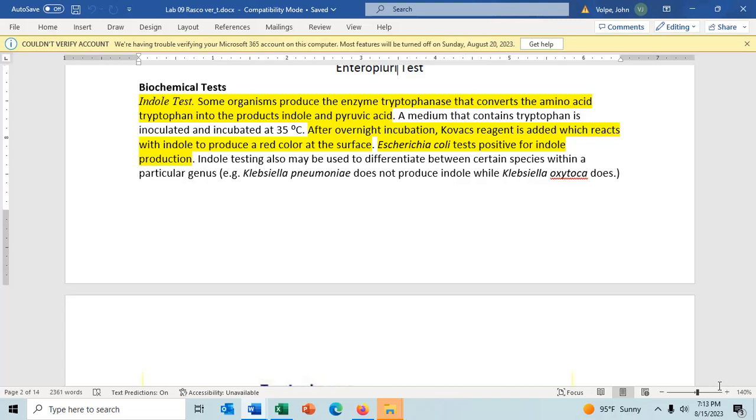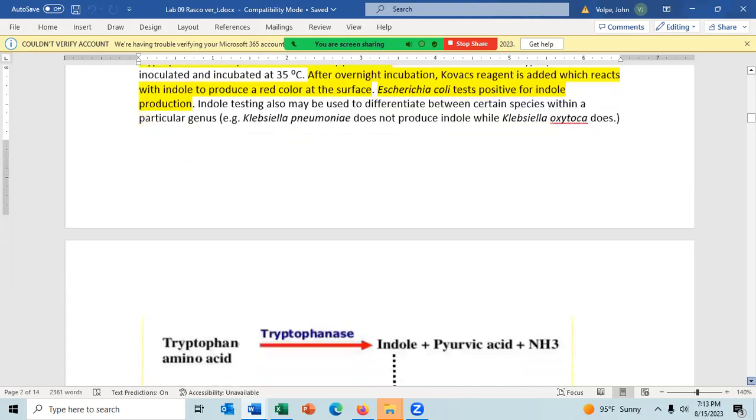And then after overnight incubation, you add Kovacs reagent to it. Kovacs reagent will turn red at the surface. E. coli tests positive for indole production. Other members of the family may not.